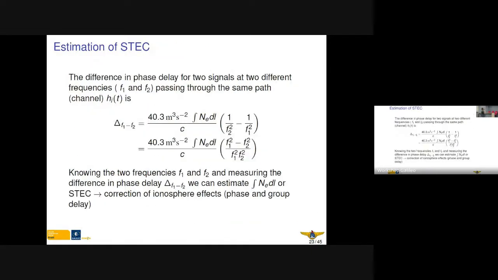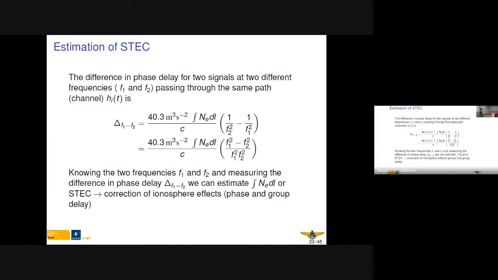The difference in phase delay for two signals at two different frequencies, F1 and F2, passing through the same path channel, h_i(t), which is the time representation of the transfer function of the ionosphere, is given by this formula if we calculate the difference delta phi of F1 minus F2 in phase delay of the two signals.